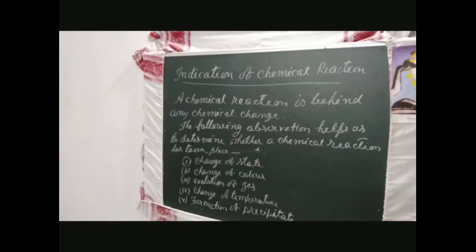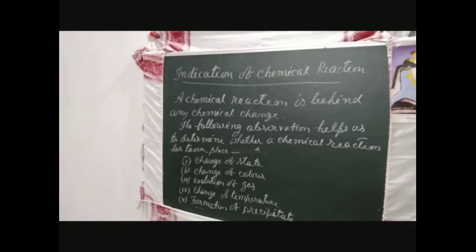Change of color: there may be a change of color when different substances are produced. We notice that after the change, some substance has been produced which has a different color. In the activity in which we add potassium iodide solution to lead nitrate, what will happen?